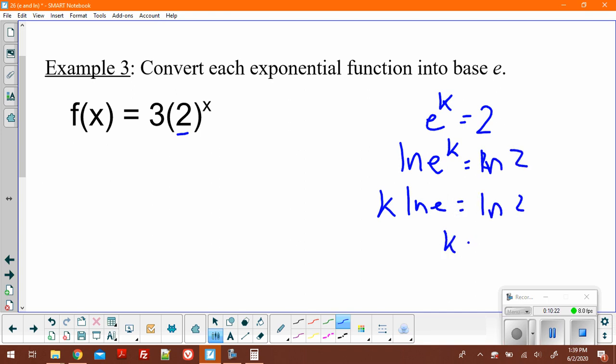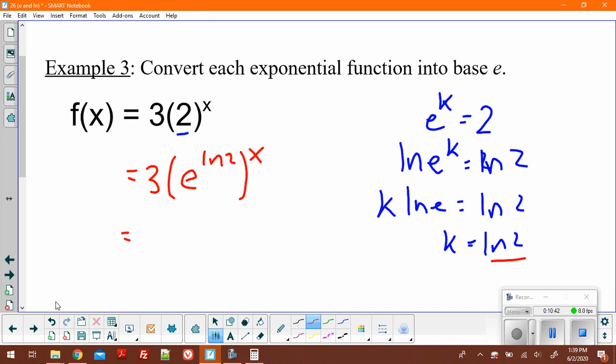So k is equal to ln of 2. Now I go back into my original expression, 3 times, and I replace 2 with e to the power of k, which I just figured out, e to the ln 2 times x.